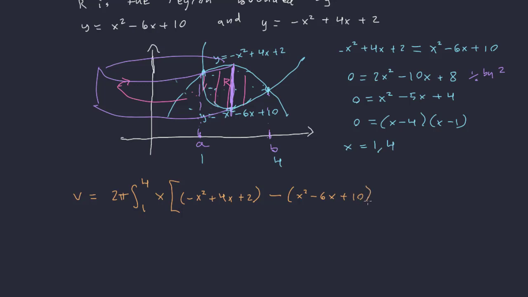Now, I do suggest doing this every time, but what you're going to see is some very similar stuff show up when you do this, right? So the negative x squared minus x squared. All right, so that's familiar. Let me just distribute this negative.